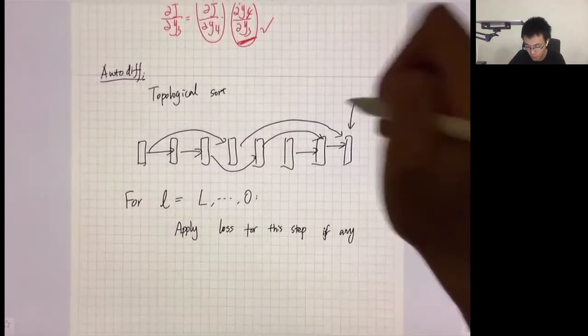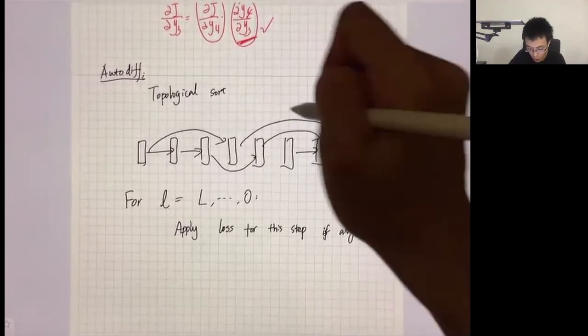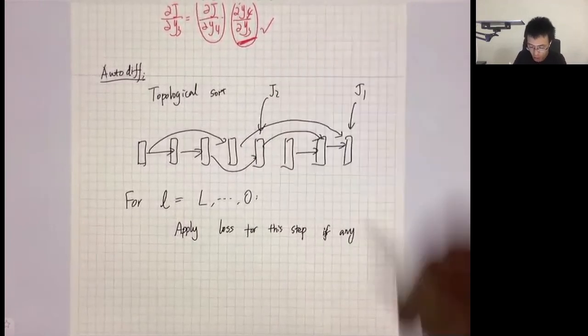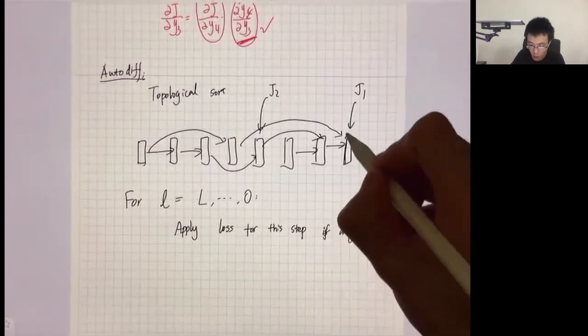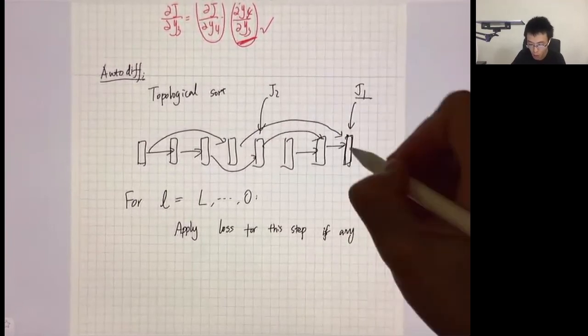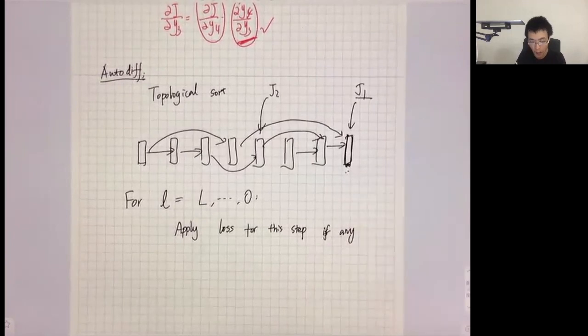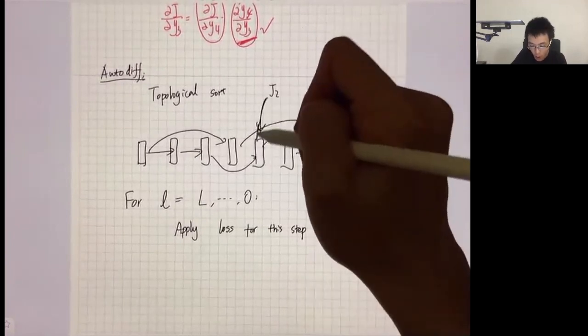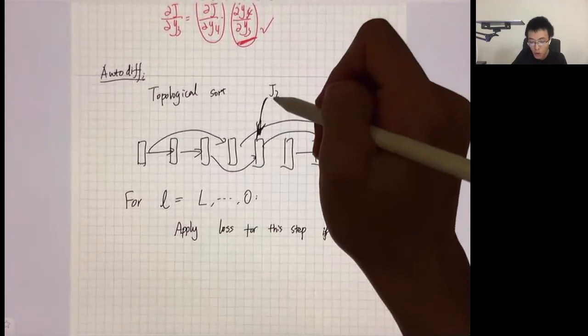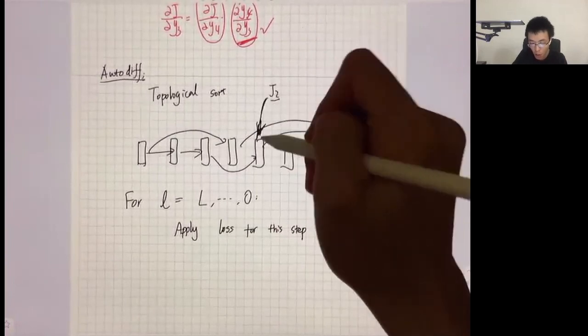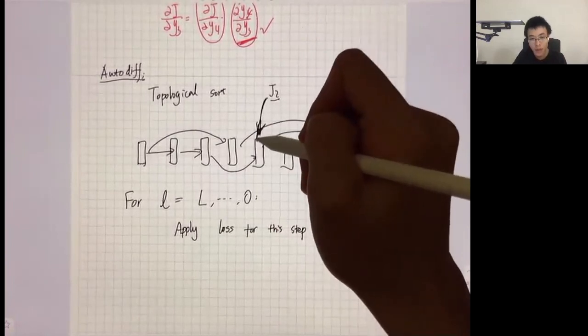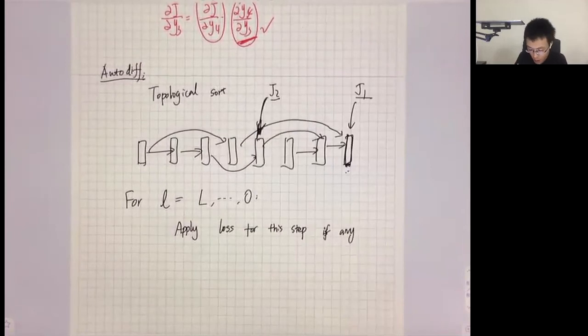So if you have a loss here, then if you are at this layer, you should compute the partial derivative of J with respect to Z first.